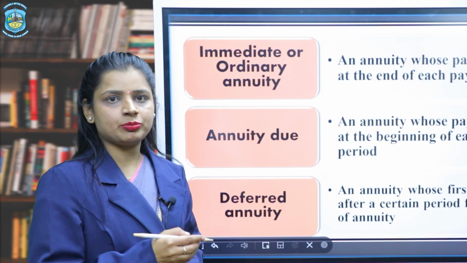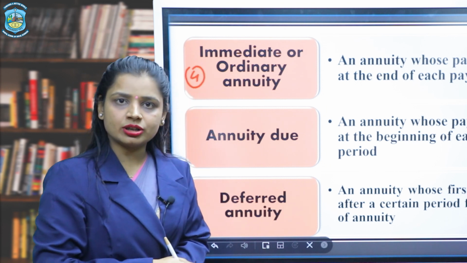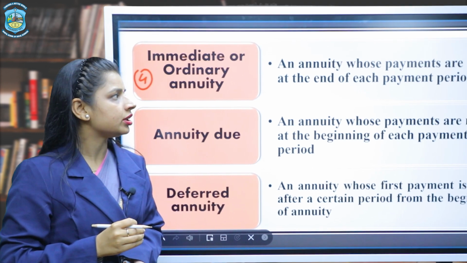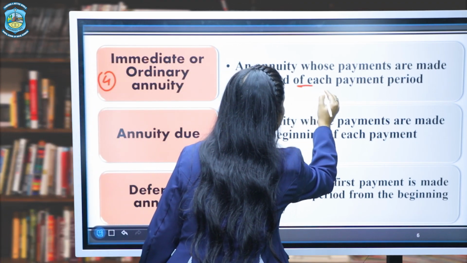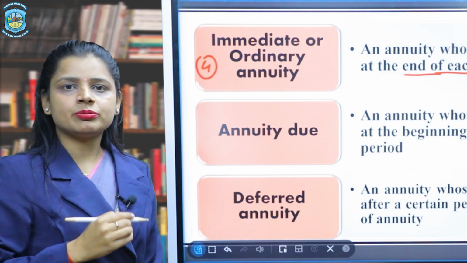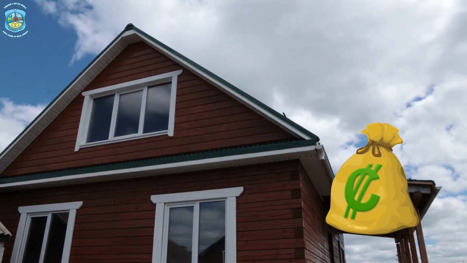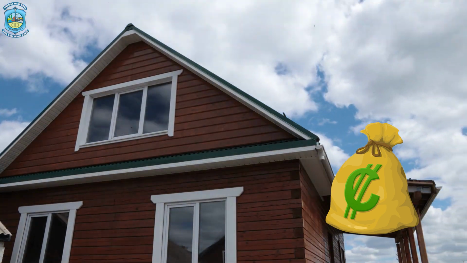The fourth type of annuity is immediate annuity or ordinary annuity. It is defined as an annuity whose payments are made at the end of each payment period. For example, in the case of a home mortgage, the owner of the home pays each installment at the end of every month.